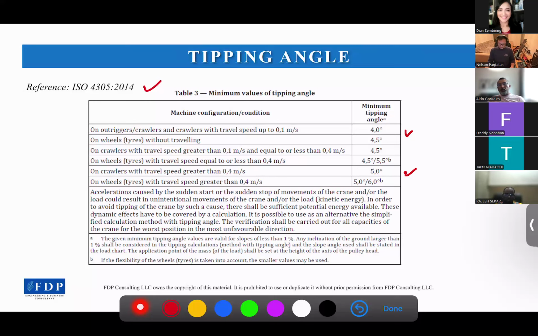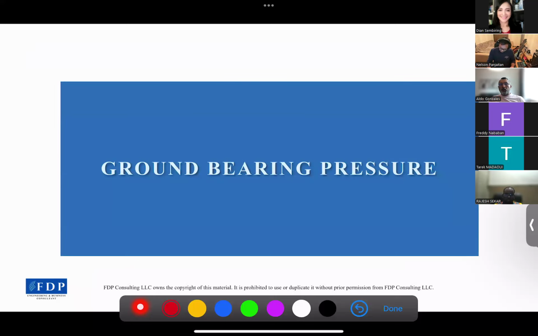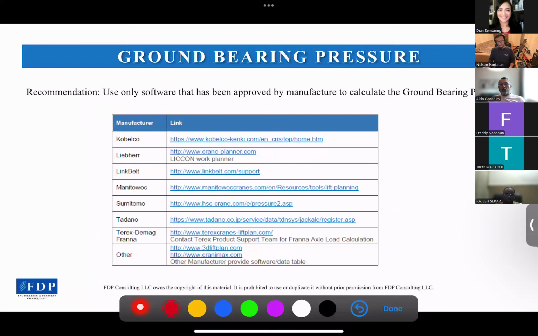If no question, now we continue to the ground bearing pressure. Before we start, I'm going to put a disclaimer here to always use the software that has been approved by the manufacturer to calculate the ground bearing pressure, because they know their things, of course, and what is inside the crane. So for your own safety, I recommend you follow the manufacturer's ground bearing calculation, if any.